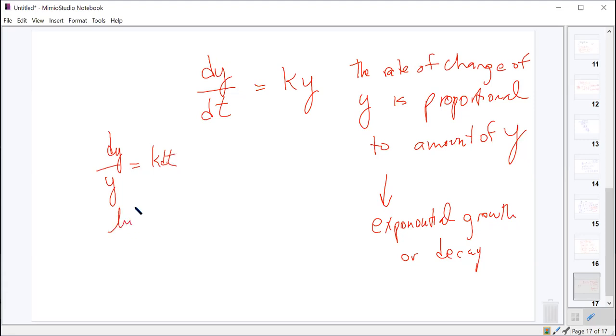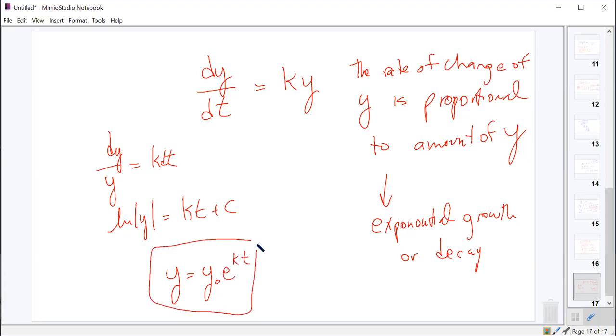And we integrate: natural log absolute value y equals kt plus a constant. And we go through all the work for this by plugging in an initial condition. But we should know that this ends up being y equals y naught e to the kt, which is your basic exponential growth and decay formula. Like I said, growth when k is positive and decay when k is negative. Good or no?